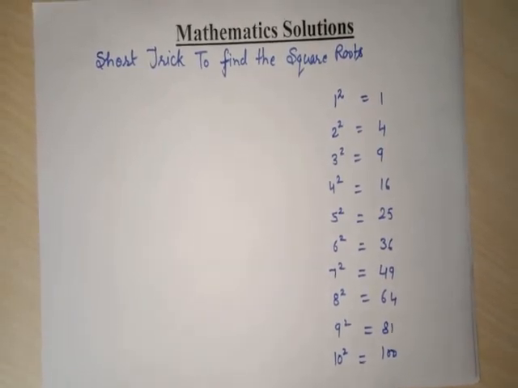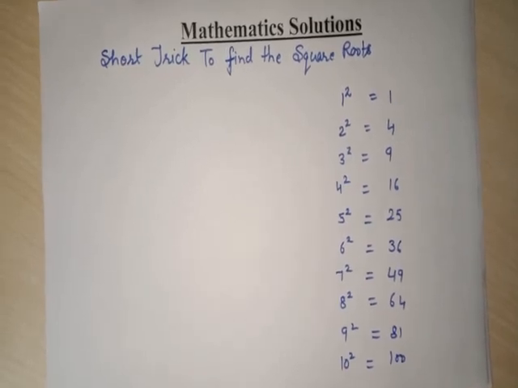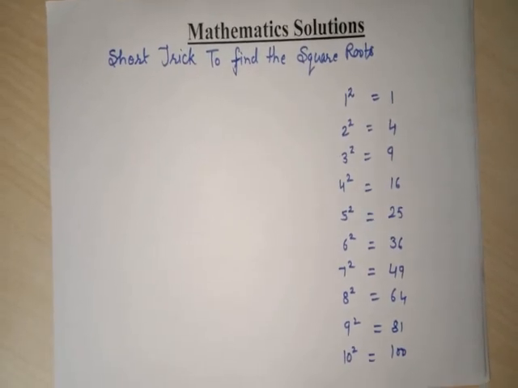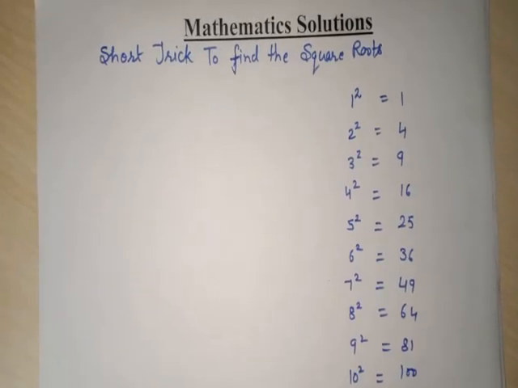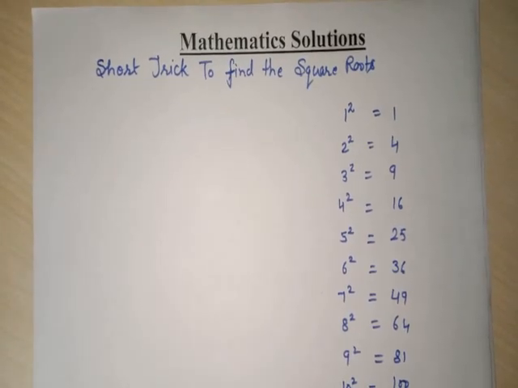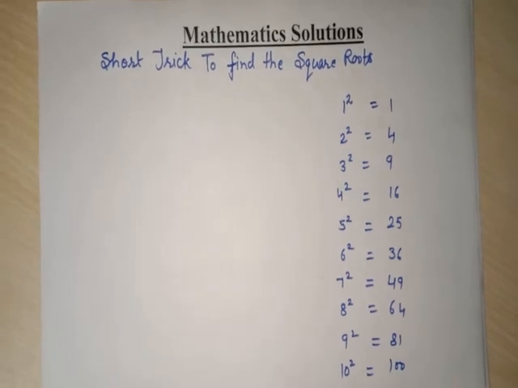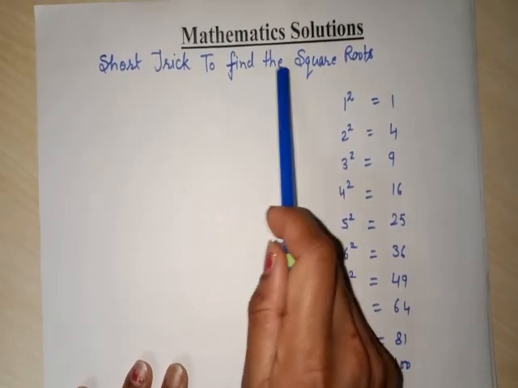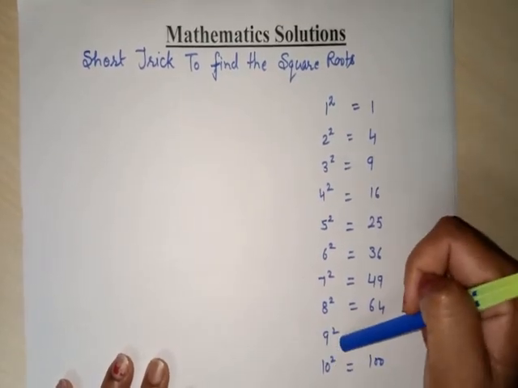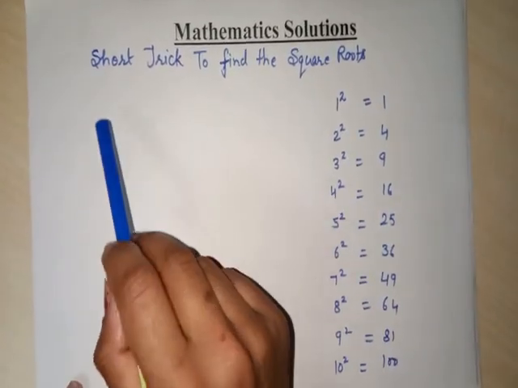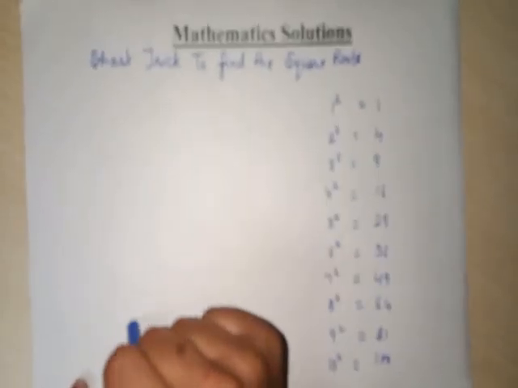Today we will do the short trick to find the square root of a perfect square number. This video is going to be very helpful for each and every person, especially for those who are preparing for their competitive exam. To find the square root by the short trick method, first of all you need the squares of the first 10 natural numbers if you are going to find the square root of a 3 or 4 digit number.